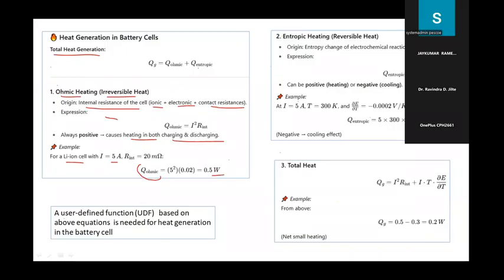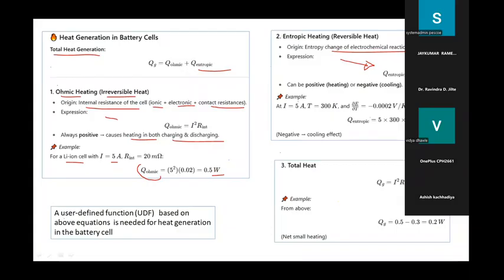The second source is called the entropic source, which is reversible heat. It comes from the cathode and the anode part, where the electrochemical reactions occur, and the expression we need to utilize in the simulation involves the current I, the temperature T, and the rate dE by dT, which can be positive if you take it as heating, and negative if you take it as cooling.